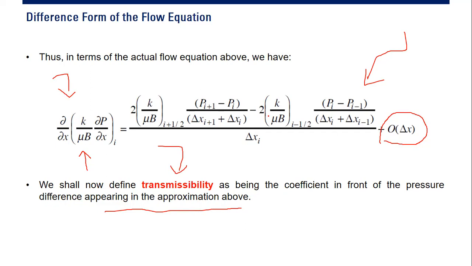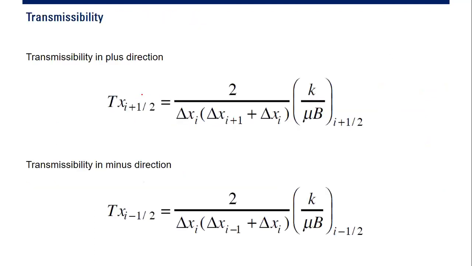Yang kiri itu akurat, eksak, yang kanan itu aproksimasi. Makanya that's why we have error, because it's an approximation. And now the coefficient in front of the pressure we will define as transmissibility. So here we have our transmissibility.